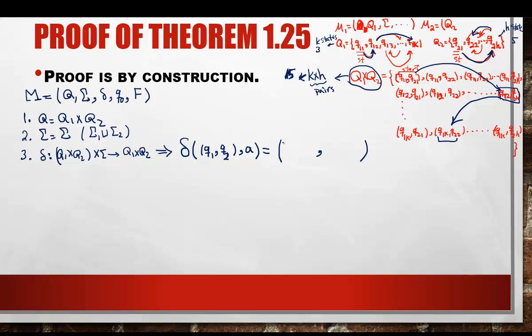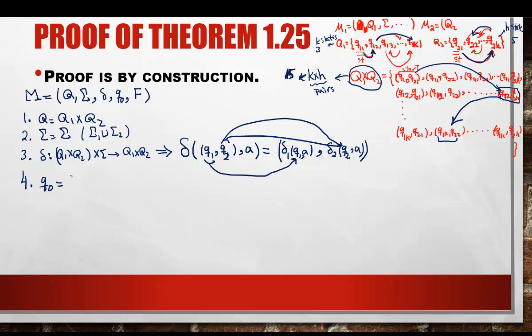The first element of the pair is delta sub 1 of Q1 and A. And the second element is delta sub 2 of Q2 and A. Okay, so basically this guy goes here, and this guy goes here. That's my delta.